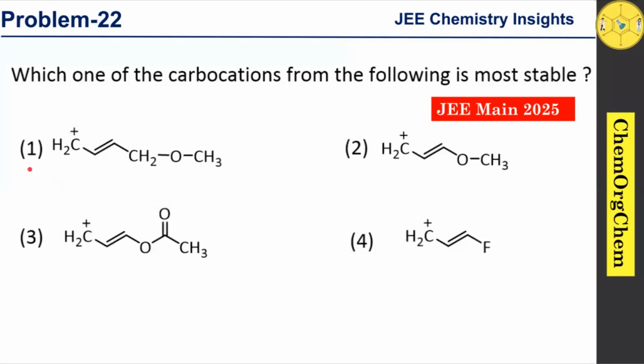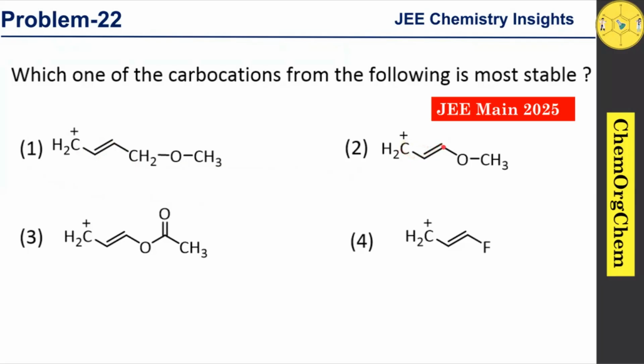So let's see our first structure. We have a carbocation and that carbon is an allylic carbon, meaning it's right next to a double bond. And further down the chain, you can see the CH2OCH3 group. Moving on to our structure 2, this carbocation is also allylic.